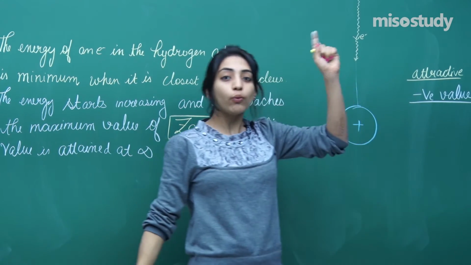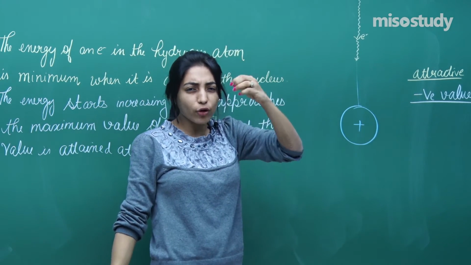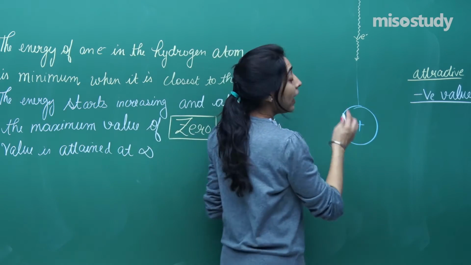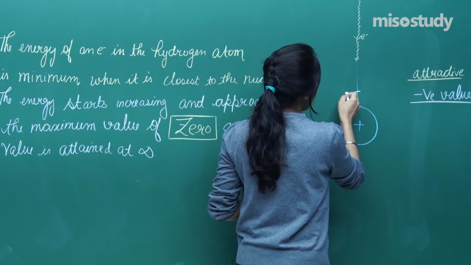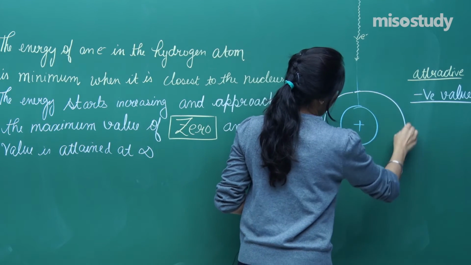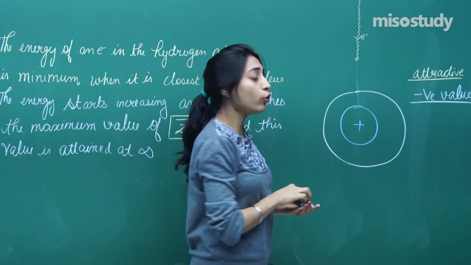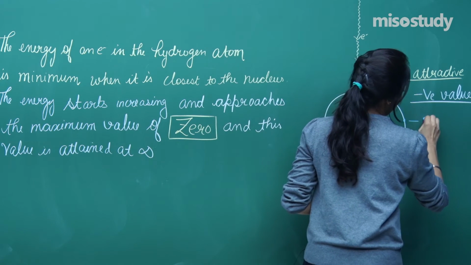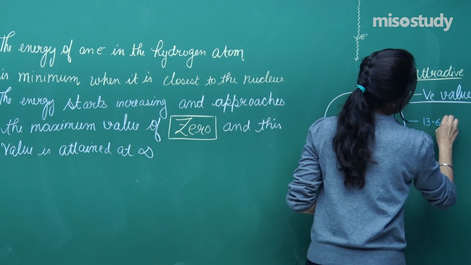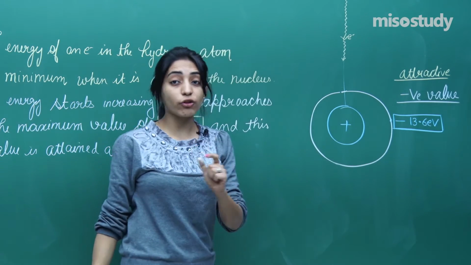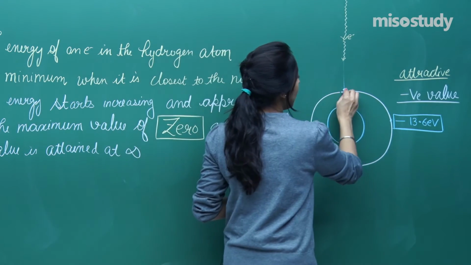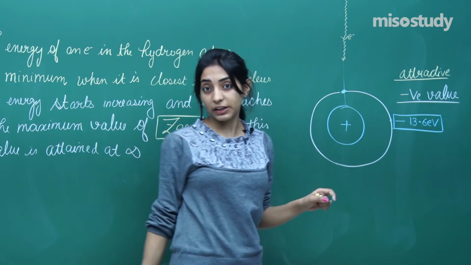So 0 was at infinity. Now it is coming slowly close to the nucleus. And this you know, the energy of the first orbit will be equal to minus 13.6 electron volt.